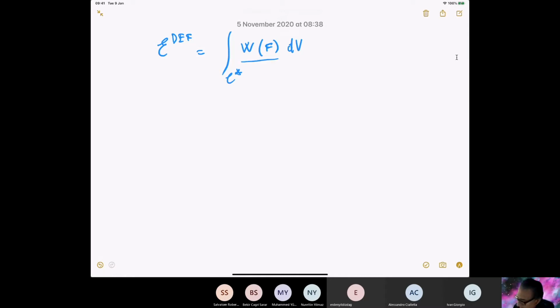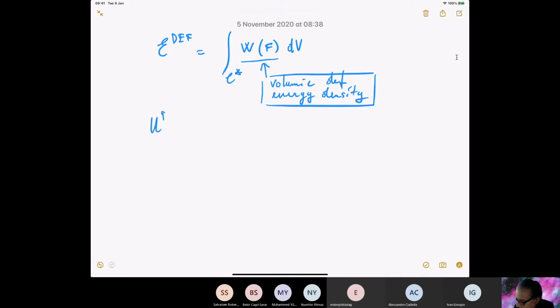So W is the volumic deformation energy density. And we introduced the external potential.